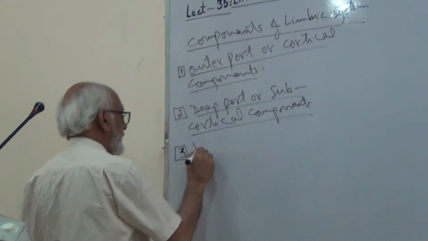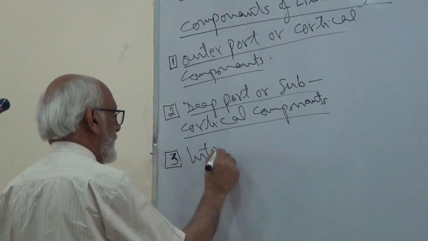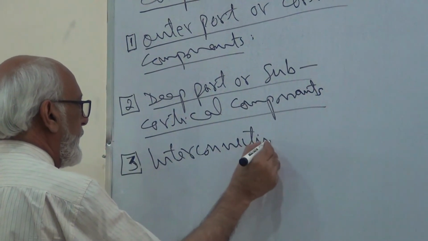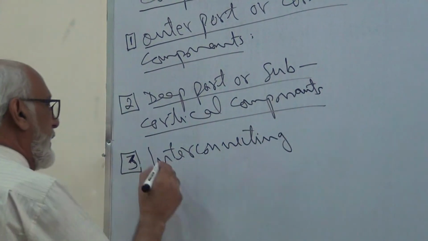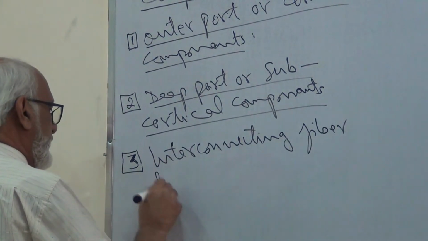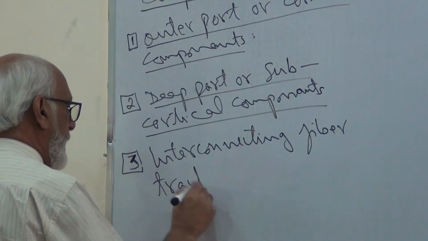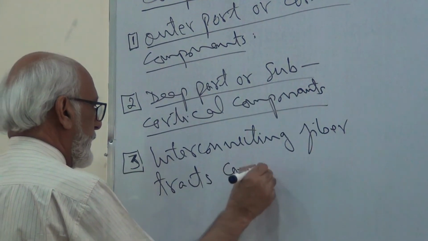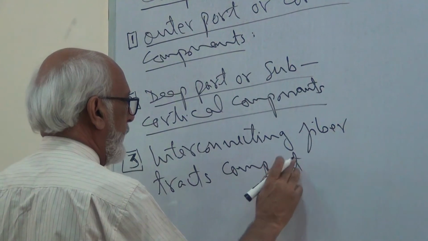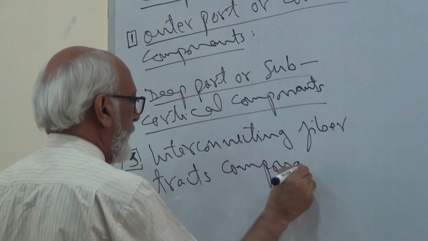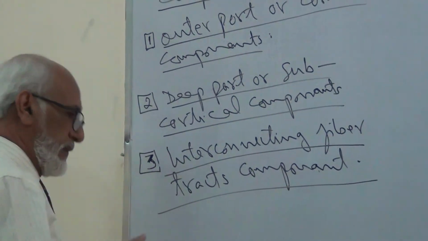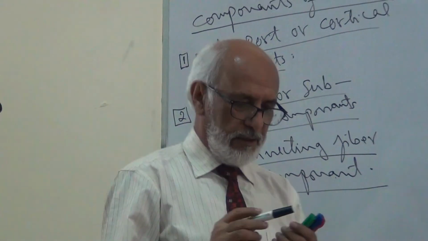Then the interconnecting fiber tracts component of the limbic system. So these are the three parts.